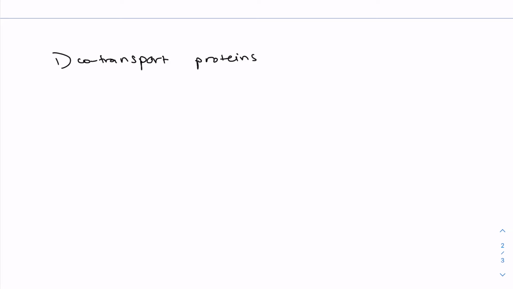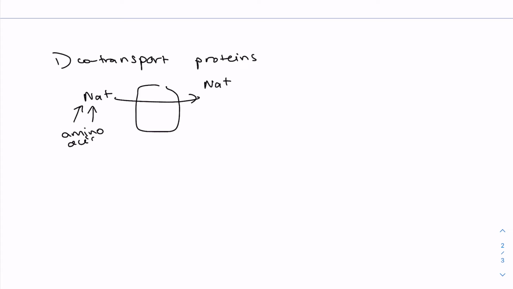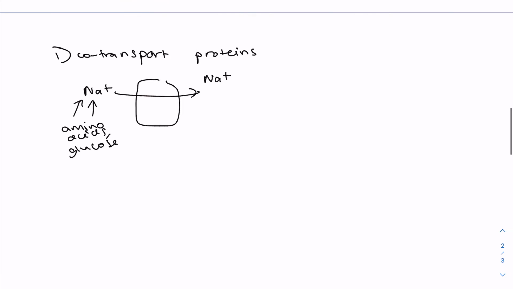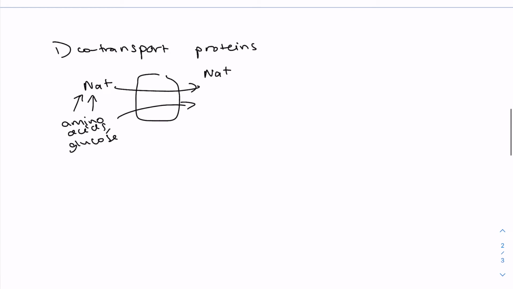So for example, we have a co-transport protein which pumps Na+ across the epithelial membrane into the bloodstream. And glucose and amino acids basically attach onto this sodium ion, which allows them to be pumped along with the sodium ion into the bloodstream.